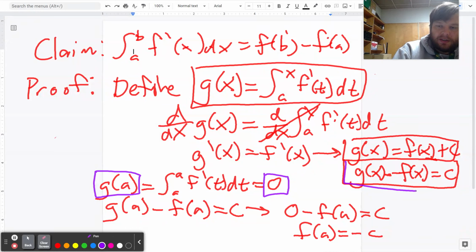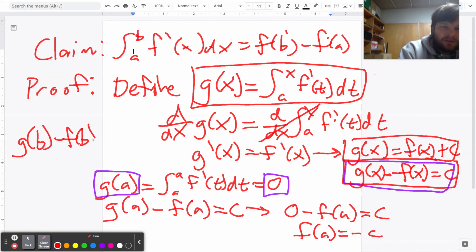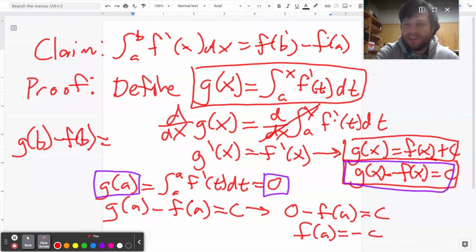Going back to my function, I know that g of b minus f of b has to equal c.